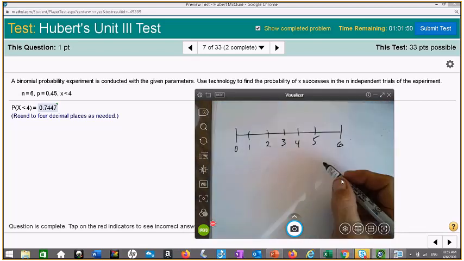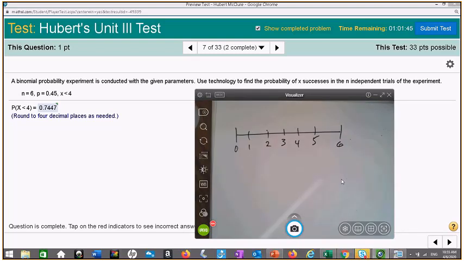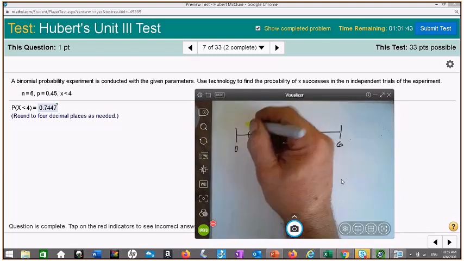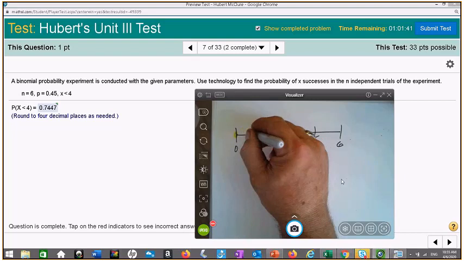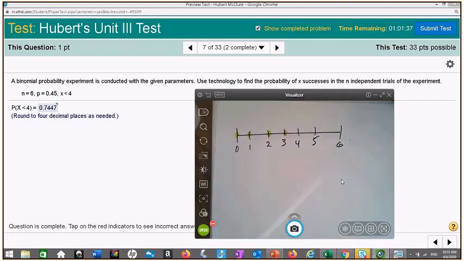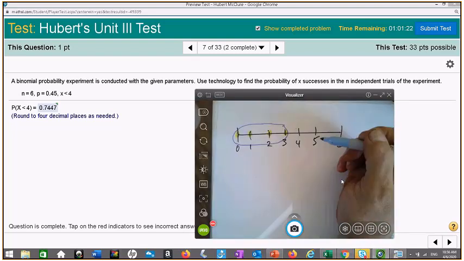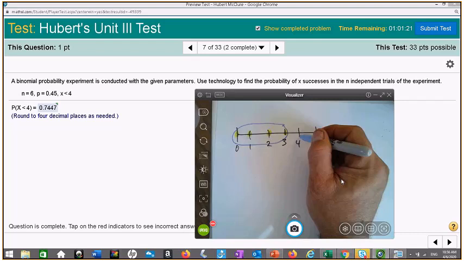What is less than 4? Zero, 1, 2, 3. There's no decimals because these are households. Is there such a thing as 1.5 households? No. So this would be cumulative because they want to know everything up to 3. You can't use 4 because it's not equal to.